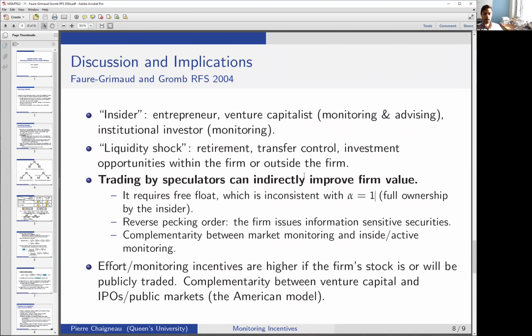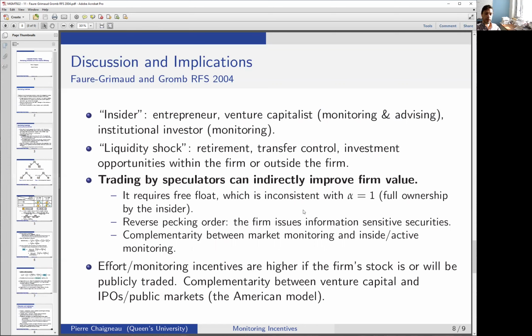If the insider owns the whole firm, then there won't be any trading that is going to be informative about actual firm value. So that suggests a reverse pecking order. In this case, the firm is going to need to issue some information-sensitive securities like equity, so that informed trading is going to reveal firm value improvements made by the insider.